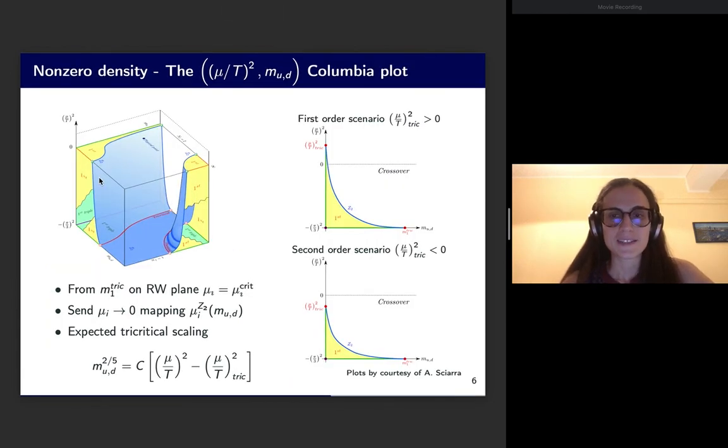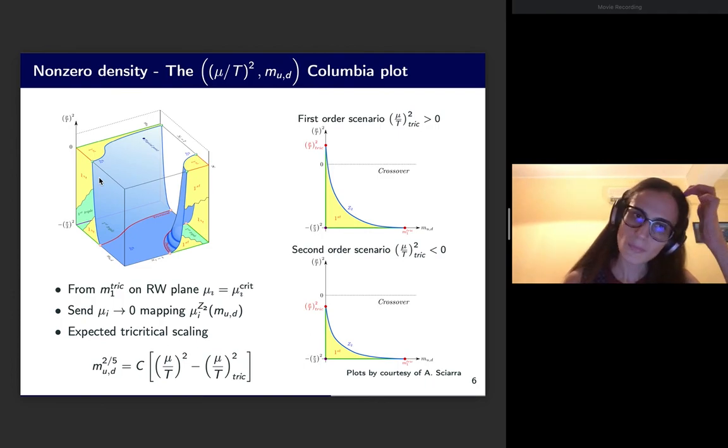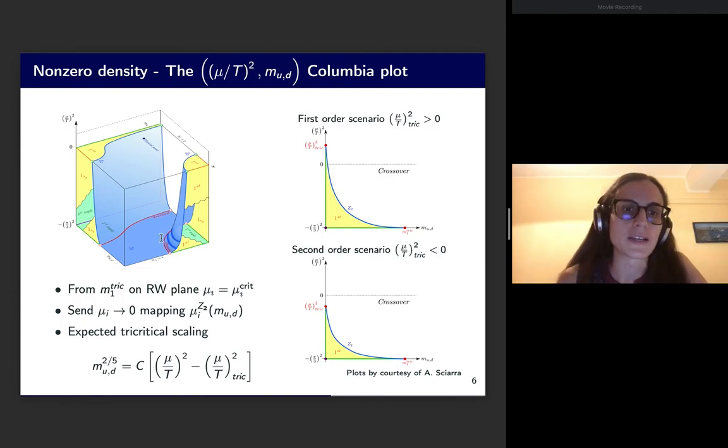Why is that interesting? Because it helps us tell something about what's happening at mu equals 0 due to the following consideration. One can, and it turns out to be easier down here than up there, locate the tricritical point. Why is that easier?